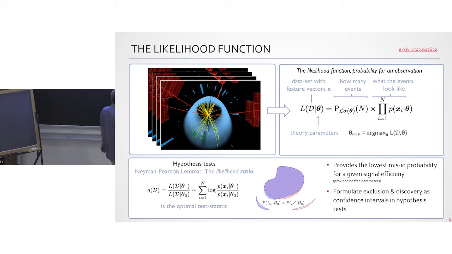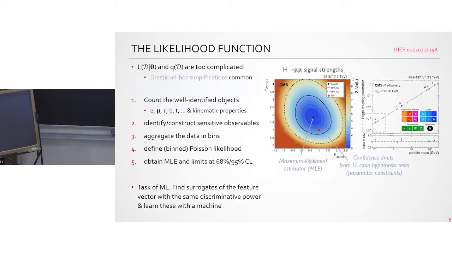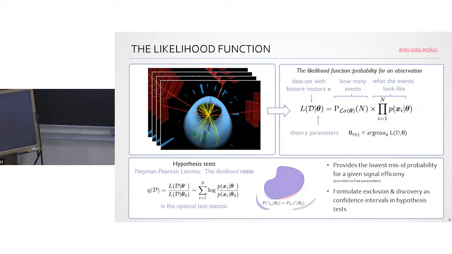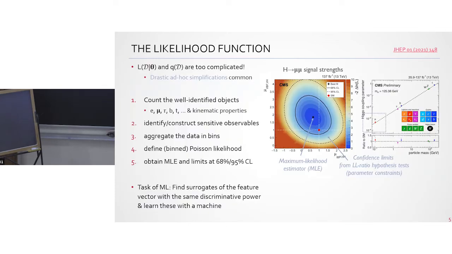So this quantity you should compute. It is, of course, if you look at millions of events like that, all of which have tens of thousands of degrees of freedom, these likelihood functions are prohibitively complicated.